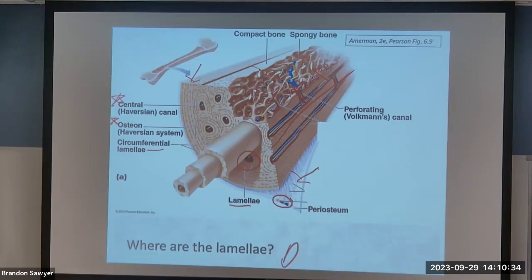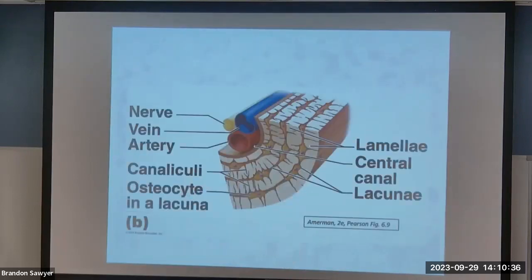All right. Okay, so this is just kind of zooming in a little bit closer. I like this image because you can see the canaliculi a little bit better. So we can see our osteocytes here, right? And then if you follow these little canals, they're eventually connecting to this one, and that one connects to this one, and then that one eventually gets in here where we have some diffusion space where nutrients can pass back and forth, right?